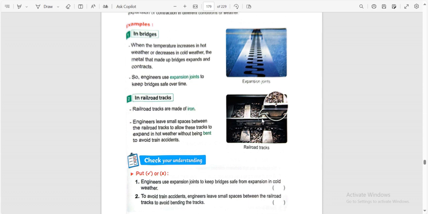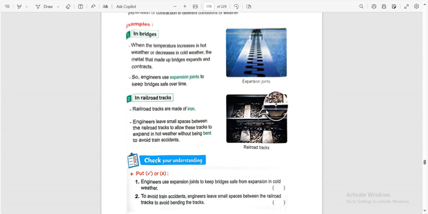Inside the railroad tracks, you can find tiny spaces between the railroad tracks. This as well is used to protect the railroad tracks from bending or buckling due to expansion, because in hot summer days, in the hot weather, matter expands due to the increase of the thermal energy.